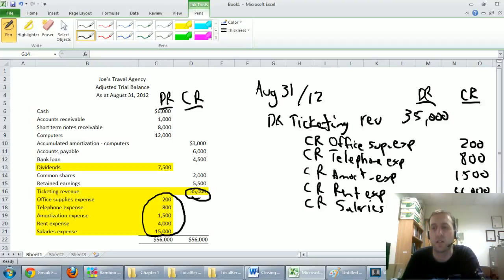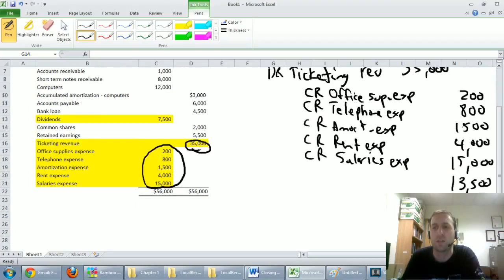I'll scroll down because I know my beautiful face is going to be in the way there. So to make this balance, I need a credit of $13,500. It's like the missing number, and I'm just filling in the blank here. For right now, this is where I differ from a lot of textbooks. A lot of textbooks at this point will tell you, put that credit to a new account called income summary. I'm going to tell you, rather than going to income summary, I'd like you to credit retained earnings.